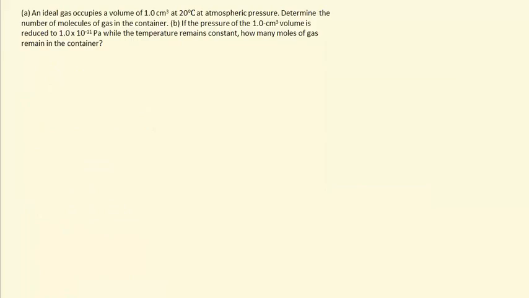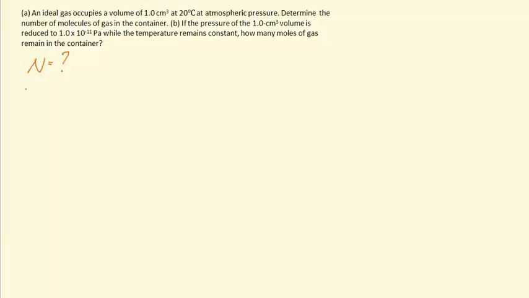In our first example, it states an ideal gas occupies a volume of 1 centimeter cubed at a temperature of 20 degrees Celsius at atmospheric pressure. And we're asked to determine the number of molecules of gas in the container. So what we're asked to solve for is capital N, our number of molecules in the container.